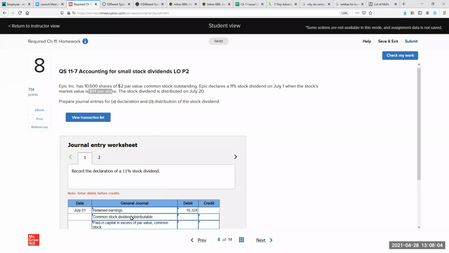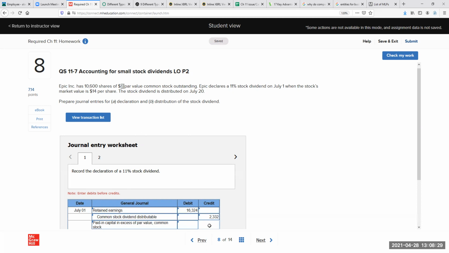Now, the common stock is always the number of shares times the par. The par is $2. So 2 times 1,166 is 2,332. And the difference is the paid in capital in excess of par.